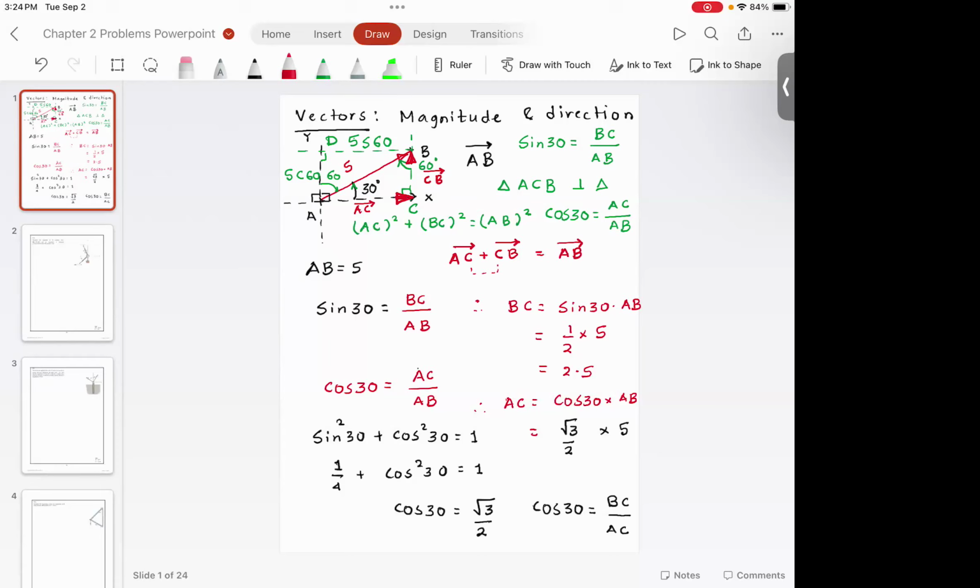So you are starting from A, going towards C. You are starting from C, going towards B. So I want to look at this vector expression. The vector sum is go from A to C, go from C to B, which is same as going from A to B. Everyone understood?